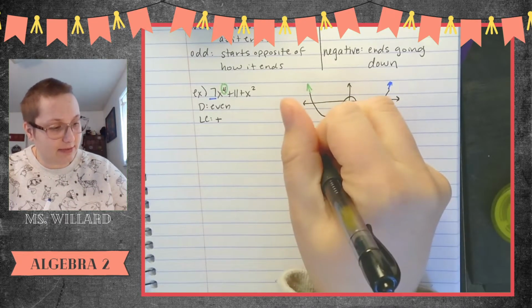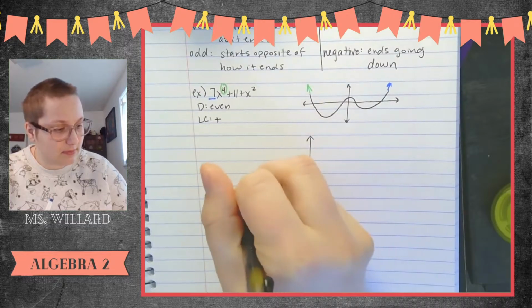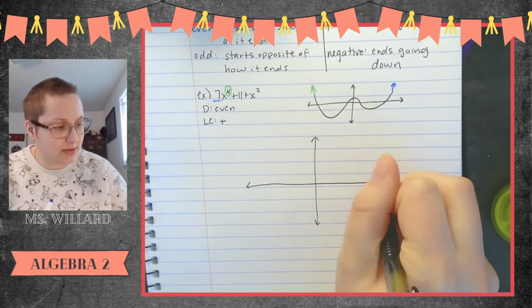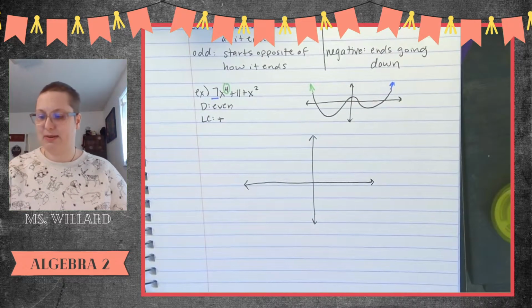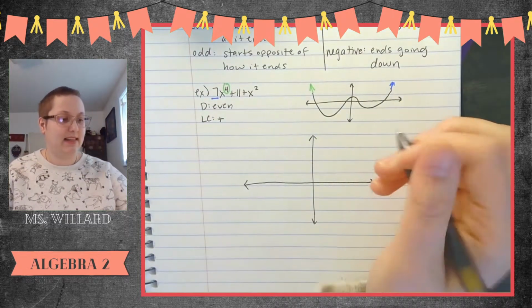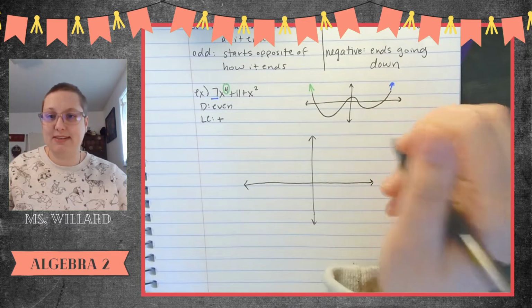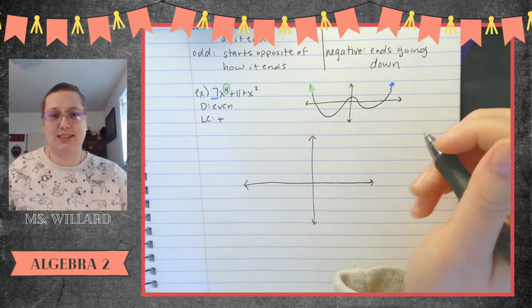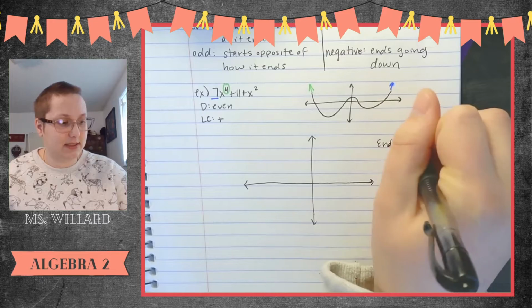Okay, so here's my little graph. Ew. Look at that curvy line. Let's say I have a positive lead coefficient. So my graph ends up, just like this one does.